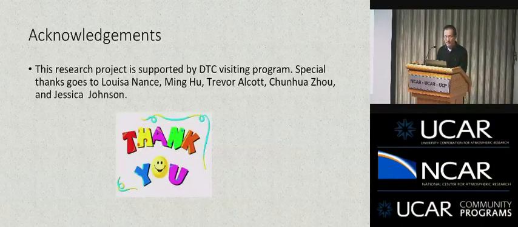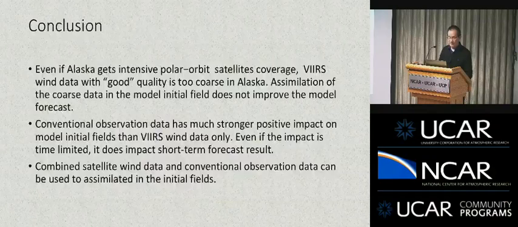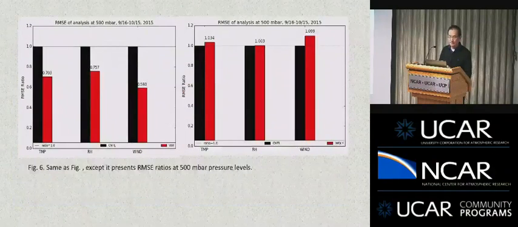This is a really basic question. You initialized with the RAP fields, is that correct? And that was your background for your data assimilation increments, correct? But when you assimilate the conventional data, that data has already been used in the RAP analysis, is that correct?